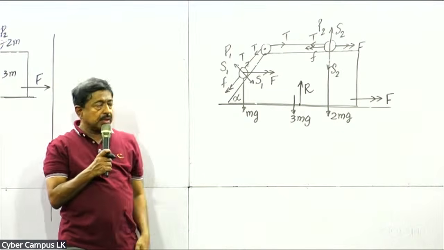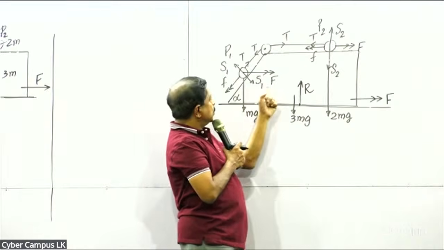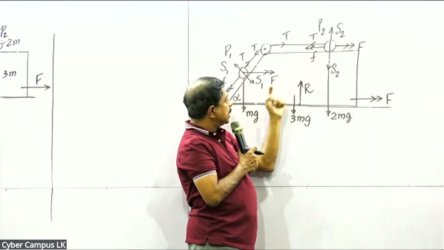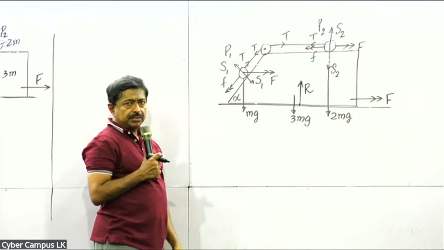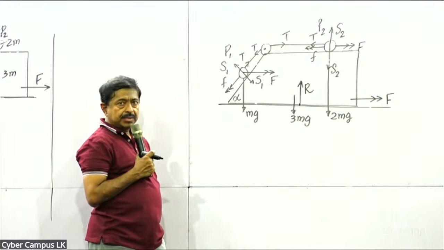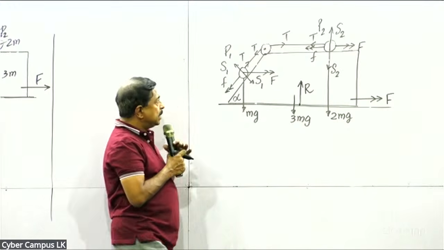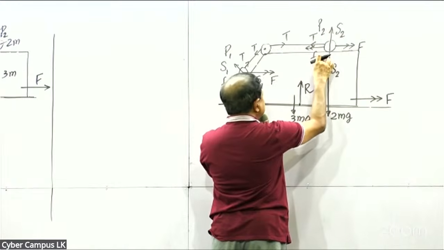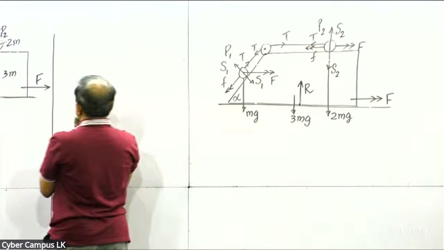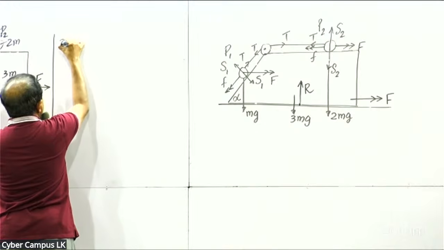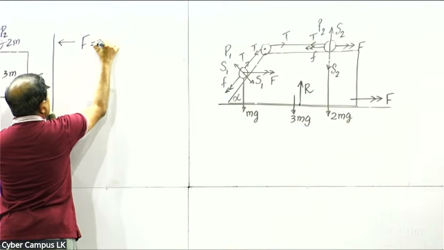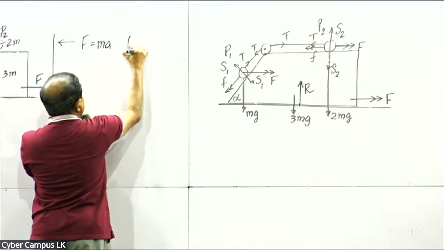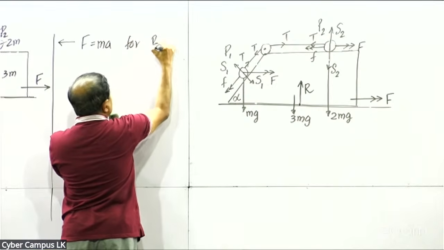So how many variables? Two accelerations, simple f and capital F, and one tension. So we are fine. Right? We are in good shape. So we'll start from the simplest one. Apply F equals ma for P2.